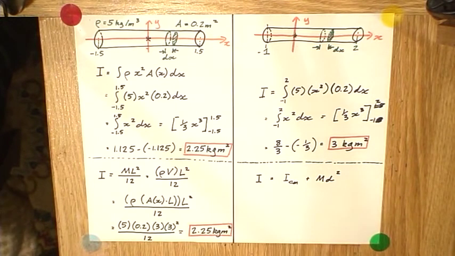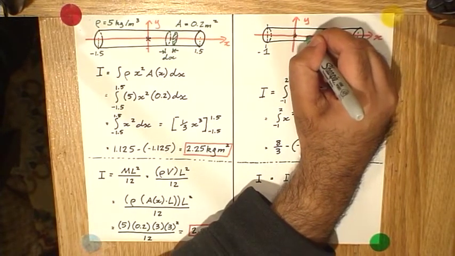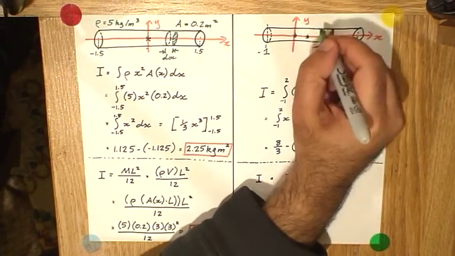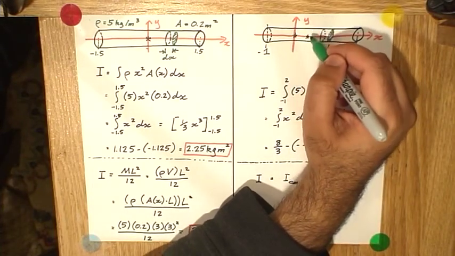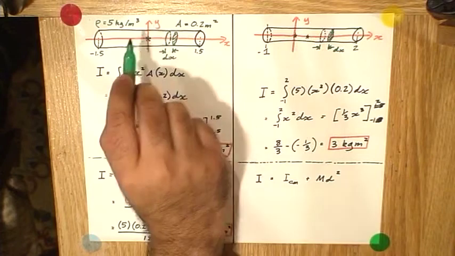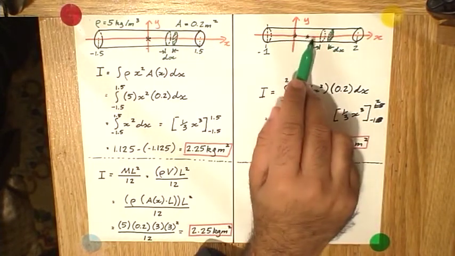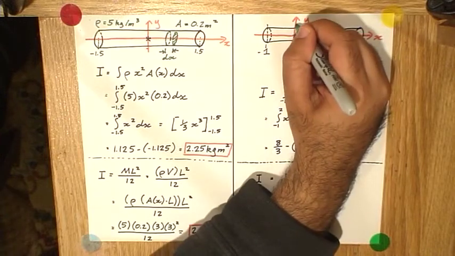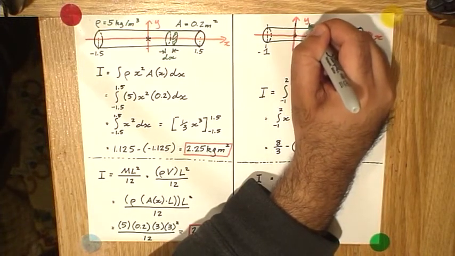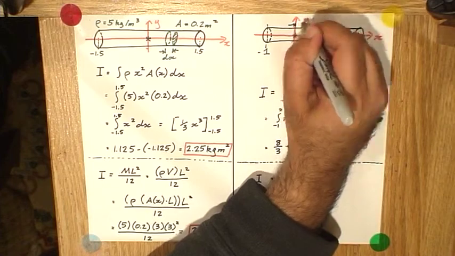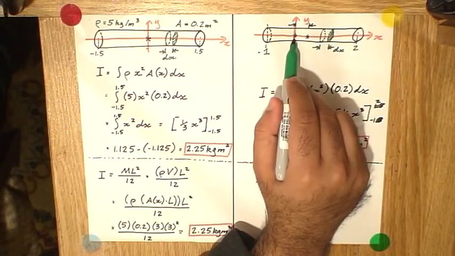Now, what is d? d is the distance from the center of mass to the place where the rotation is actually occurring. Now, the center of mass is located 1.5 meters from either end. But this new center of rotation is at a different location. It's only 1 meter from this end.